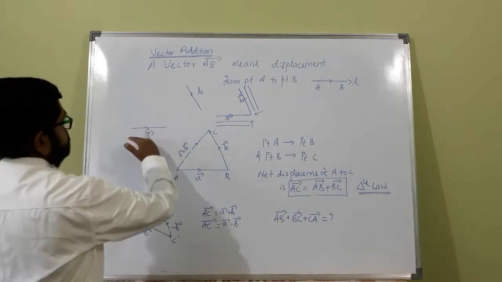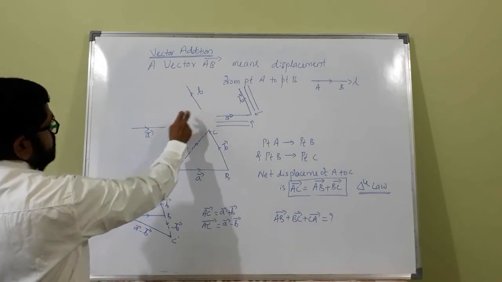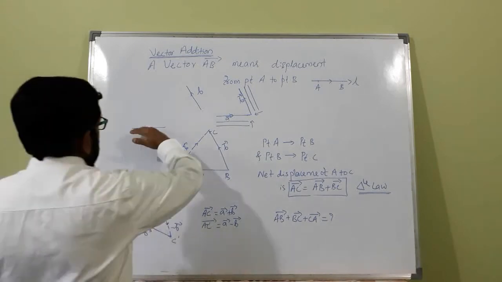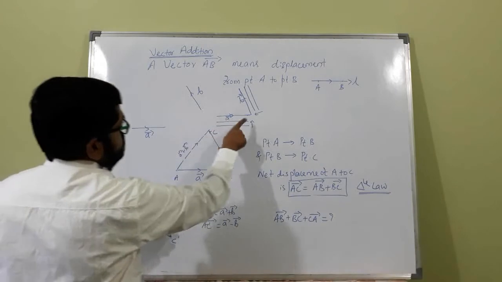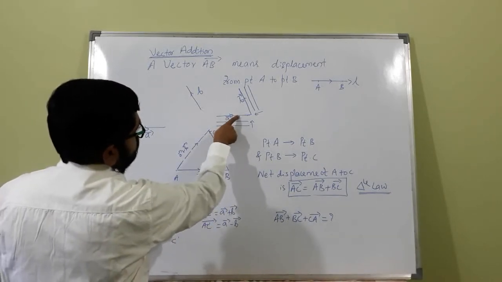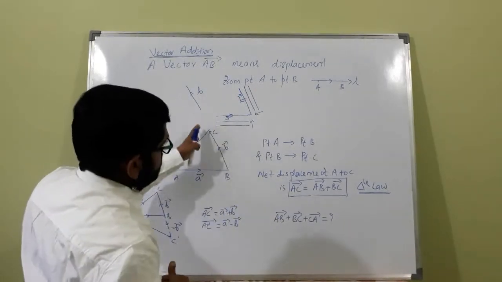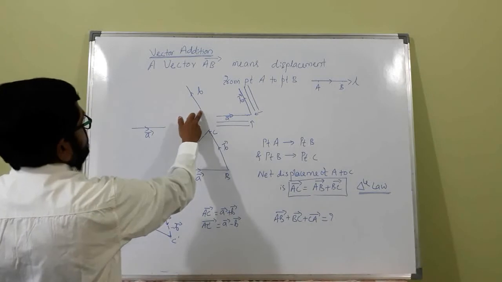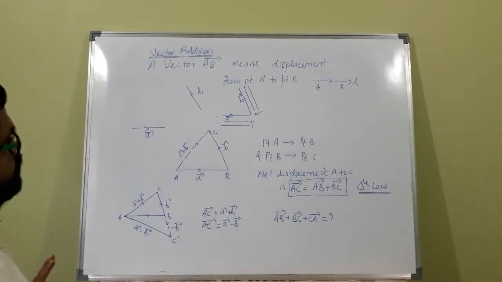Parallel displacement means you displace B parallelly, so that the initial point of B and the terminal point of A coincide.